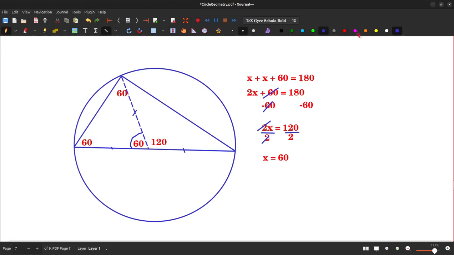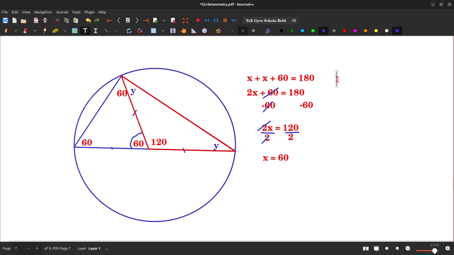Let me try to highlight it in red, this triangle here. The triangle highlighted in red is also an isosceles triangle. If that's an isosceles triangle, this is also telling us that the base angles y are equal.